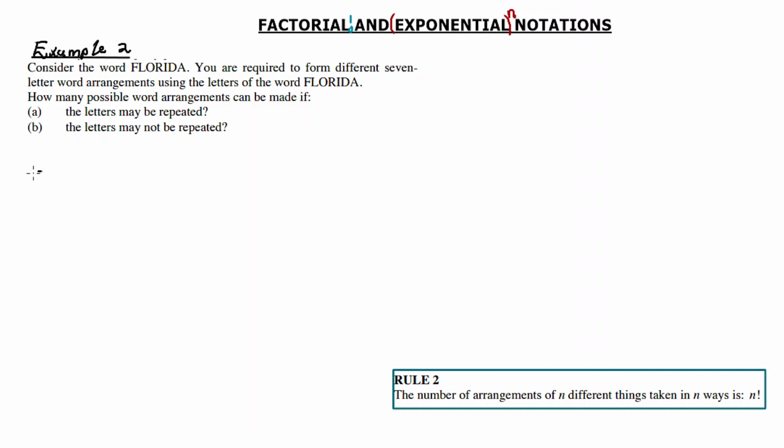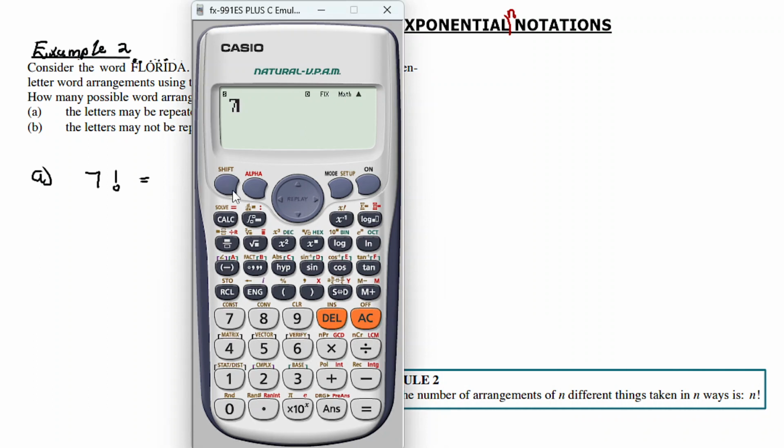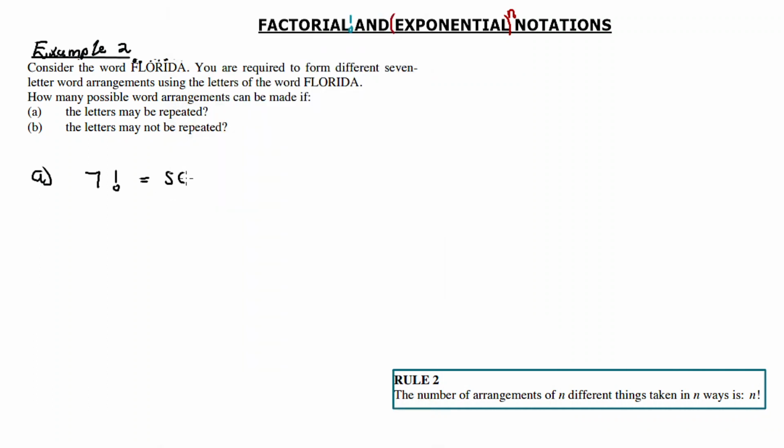It's the same example as before, but this time it's nama letters I7. So to answer A, I can just say 7 factorial equal to, what is 7 factorial? 5040.